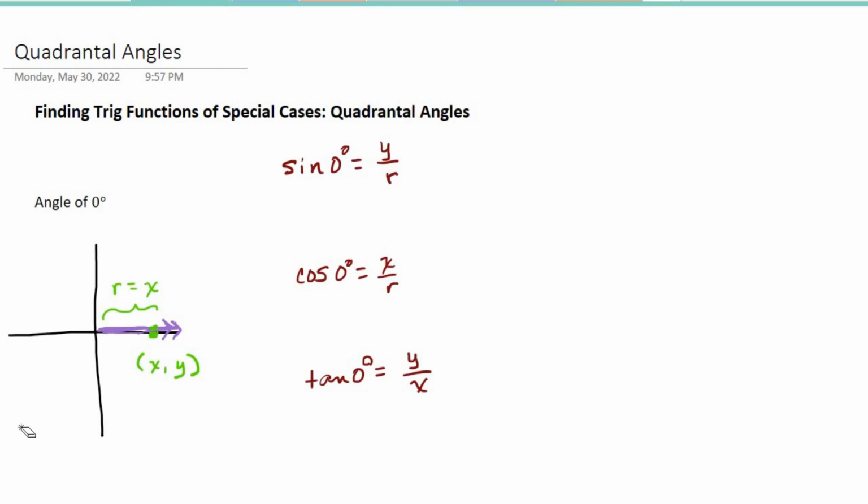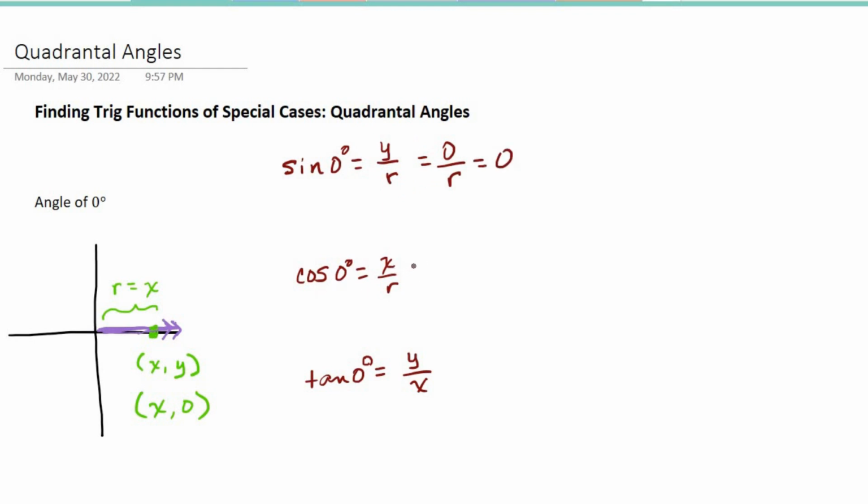You can see here that I've written out the first three trig functions and their circular definitions, and we're just going to fill this in. Now remember that when I'm on the x-axis, my y value is 0, so this is the point x, 0 that I'm going to be looking at. So y is 0, and r, I'm just going to keep r. 0 divided by r is just 0.